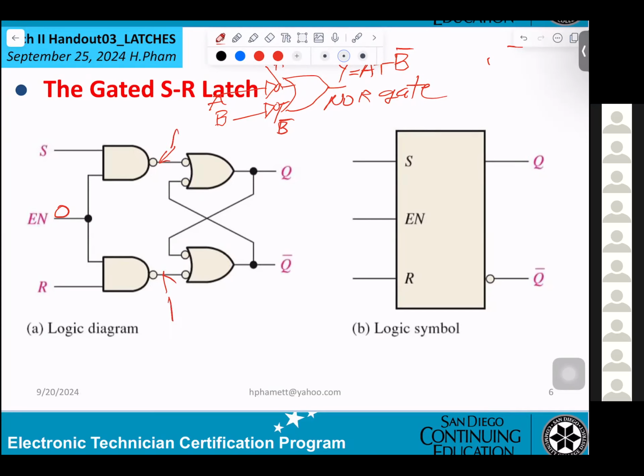However, they're only telling you one thing: this circuitry only works if enable equals 1. Now, when you look at the output here, what does the bubble mean to you?